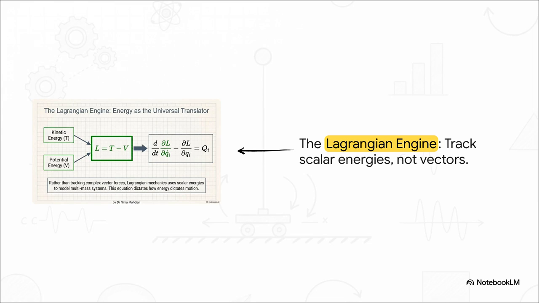By simply subtracting the system's total potential energy from its total kinetic energy, we formulate the Lagrangian L. We then just feed that L into the operator equation. This one single mathematical operation is going to reveal the complex rules governing both the cart and the pendulum. And the best part? We don't have to draw a single vector arrow to do it.